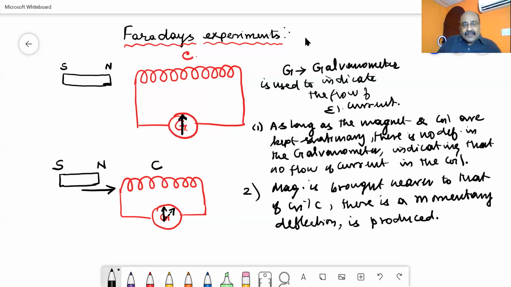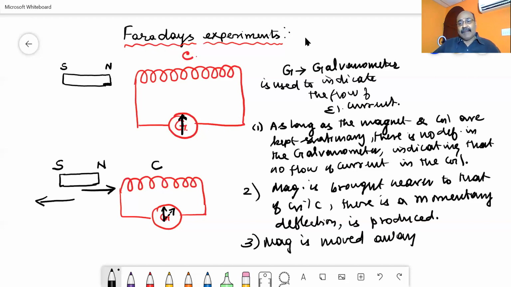Similarly, the third one: if the same bar magnet is moved away from the coil C, what will happen?